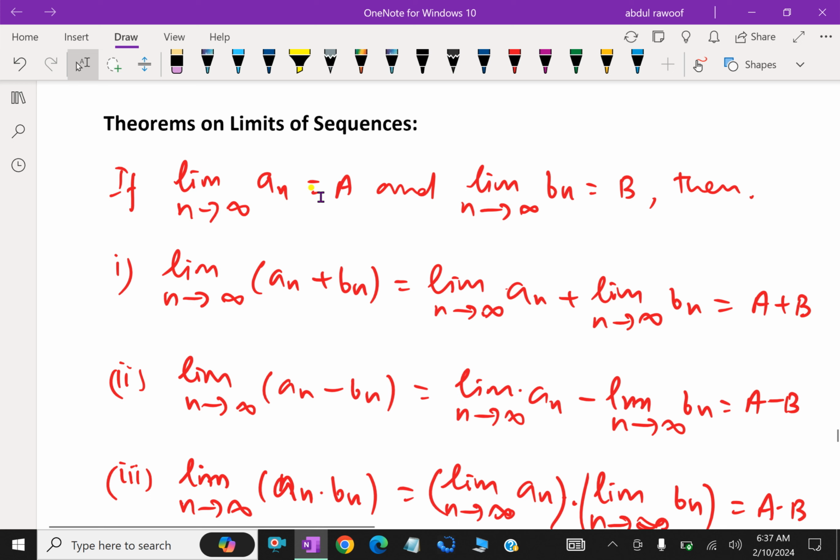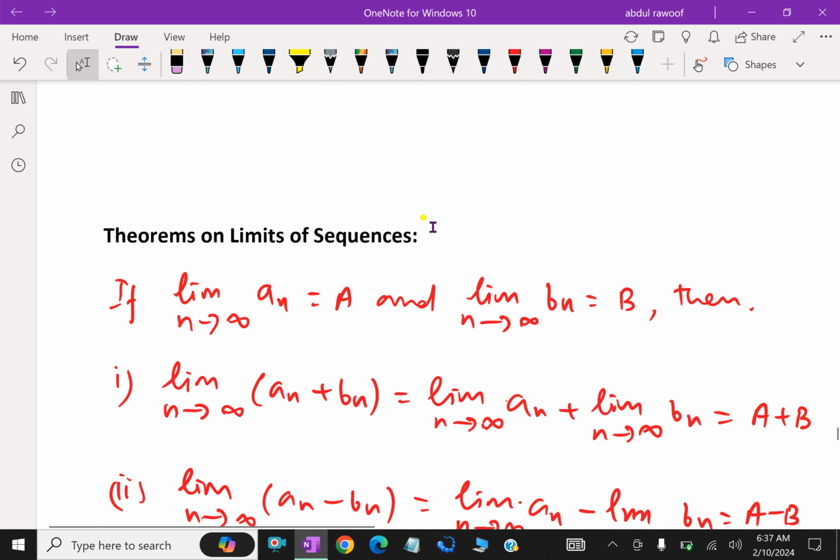We give two sequences here: the first is an, the second is bn, and we let the limits be capital A and B. From that we can find theorems on sequences.